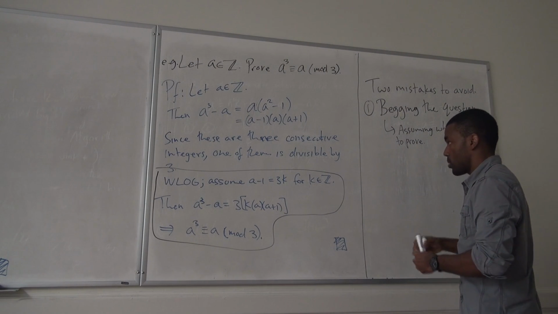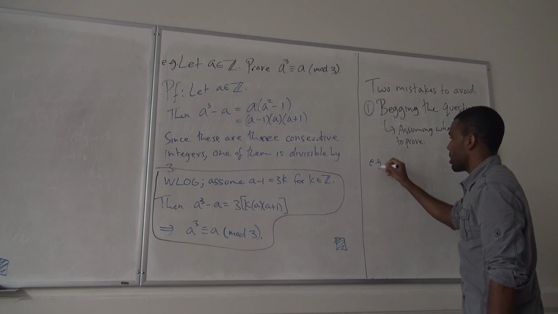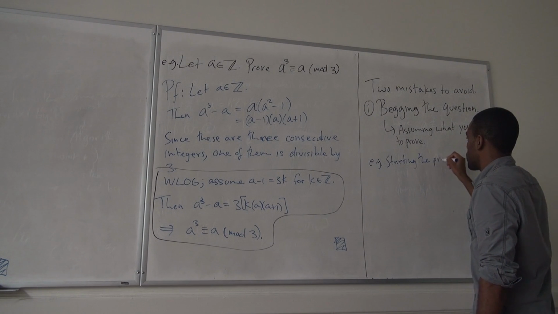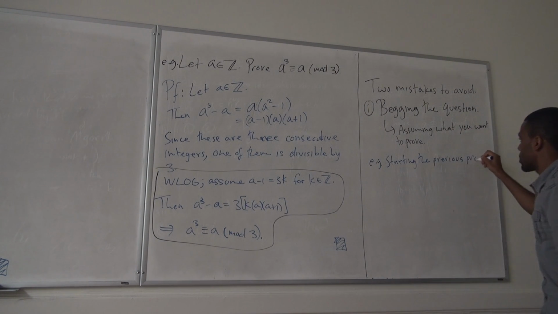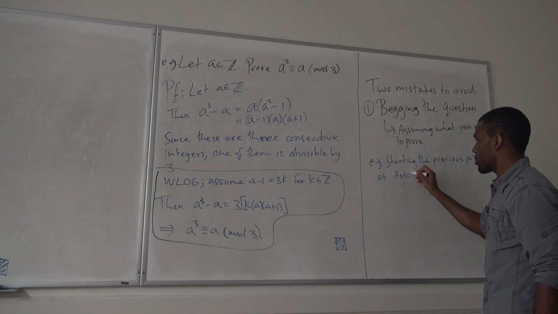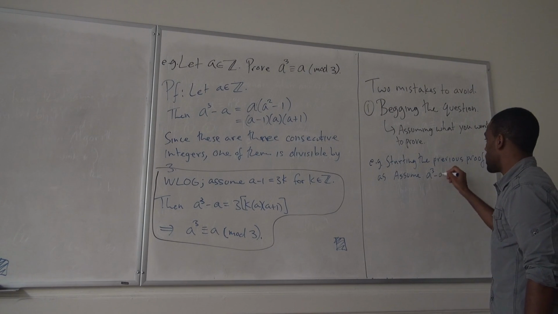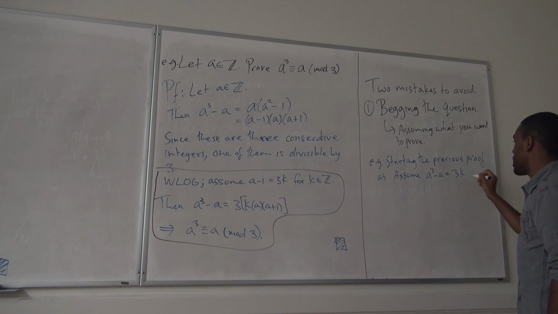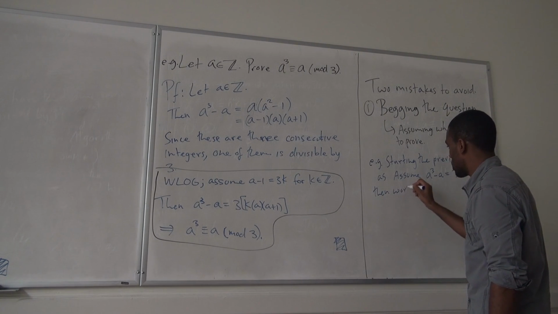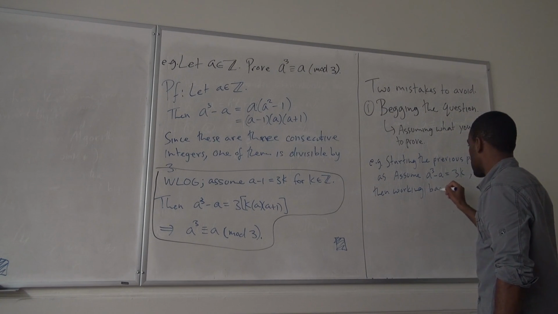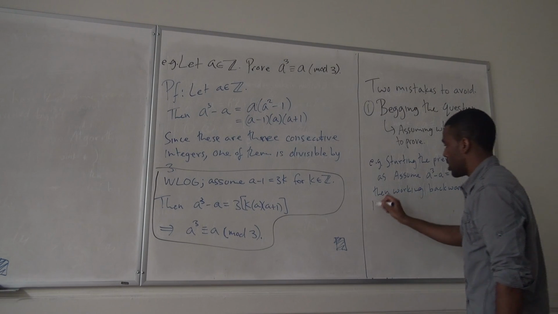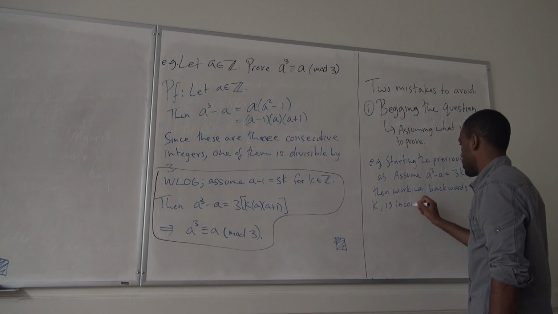For example, starting the previous proof, the proof right here, with something like: assume a cubed minus a equals 3 times k, and then working backwards to find k, is incorrect.